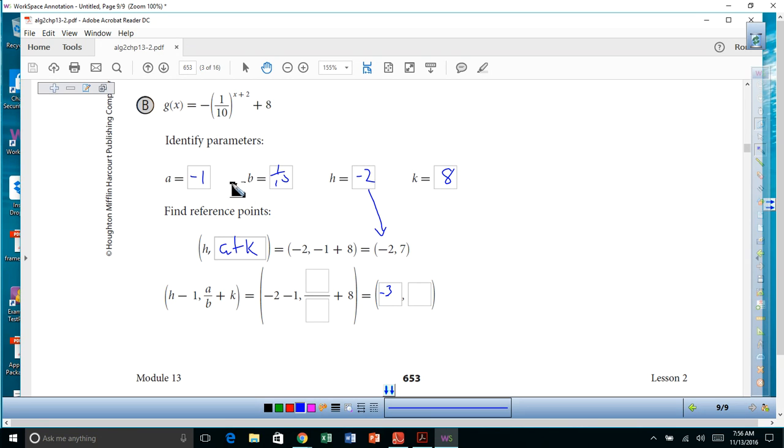And then A divided by B: negative 1 divided by 1 over 10, that's going to be negative 10 plus 8 gives you negative 2.